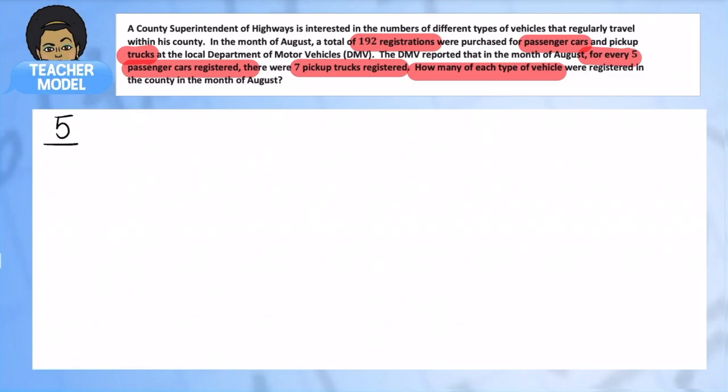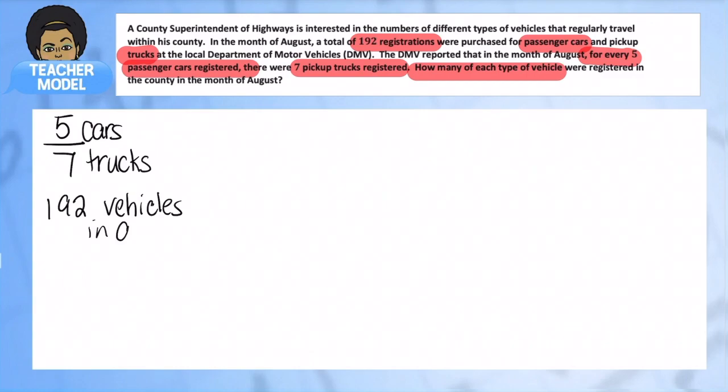Okay, so I'm going to write our ratio today as a fraction. We have 5 to 7, and this is cars to trucks. And we know in all there were 192 vehicles in August. All right, so that is both cars and trucks. So how do proportions go into this?